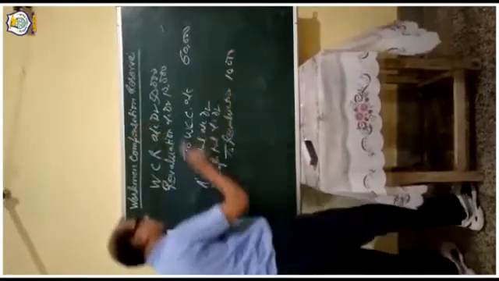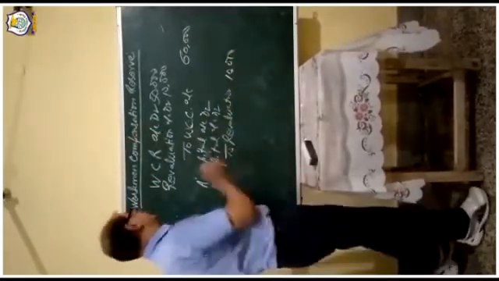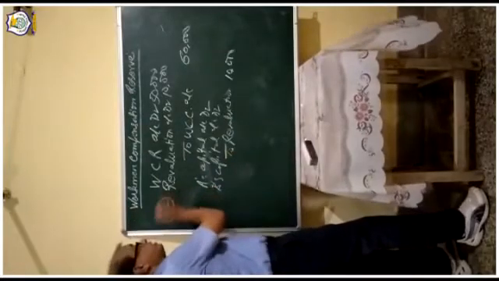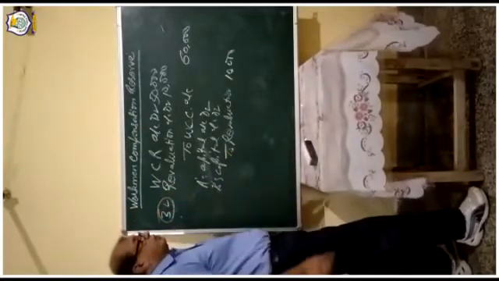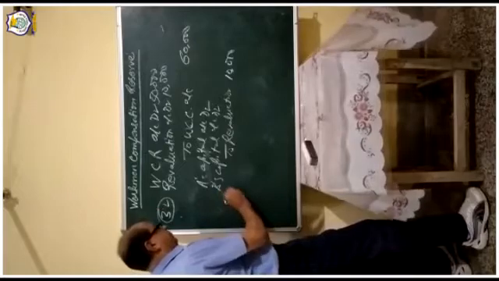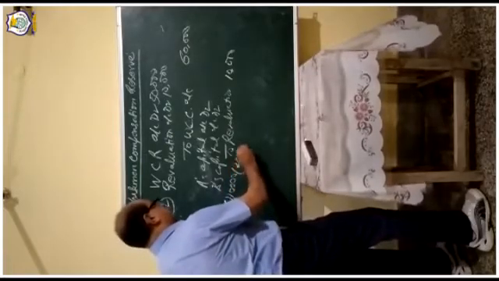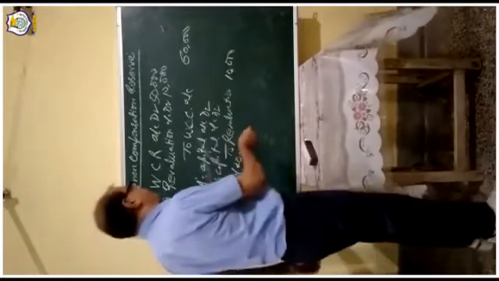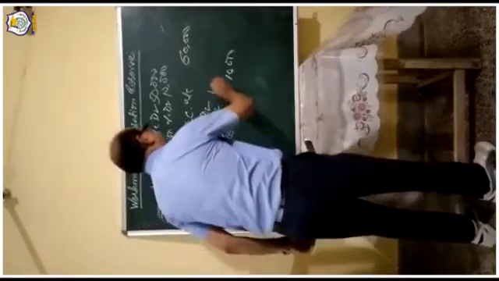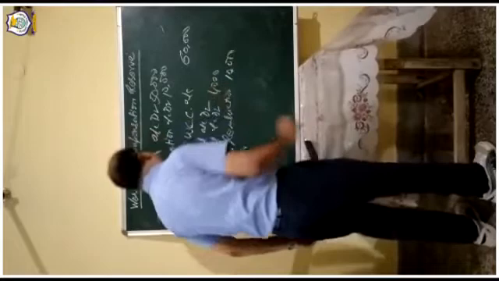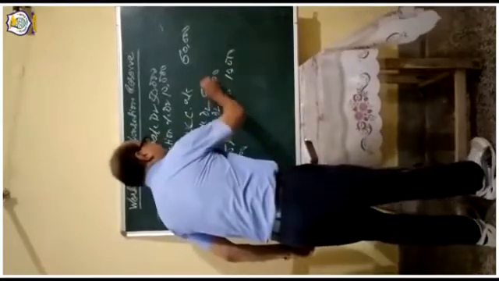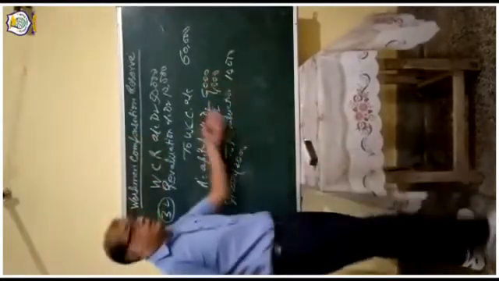This 10,000 we also distribute in the 3:2 ratio. So 10,000 divided by 5 is 2,000, so 4,000 will be paid by B and 6,000 by A.